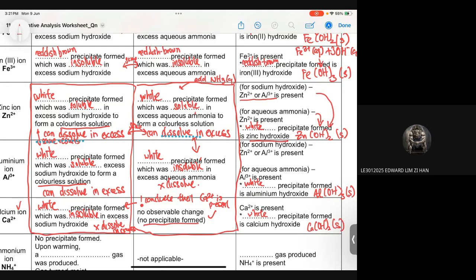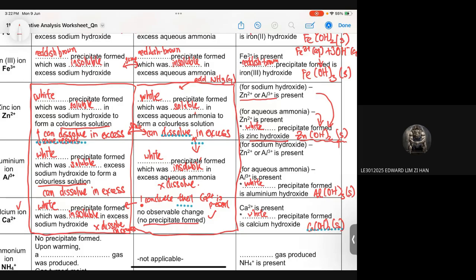Okay, do take note. When you say it can dissolve in excess, actually you are looking at this solid dissolving. So when we say it dissolves in excess, we're actually looking at the white precipitate dissolving. So this hydroxide can undergo some further reaction for it to dissolve. I won't go through what the exact reaction is because you're not expected to know that particular chemical reaction itself.